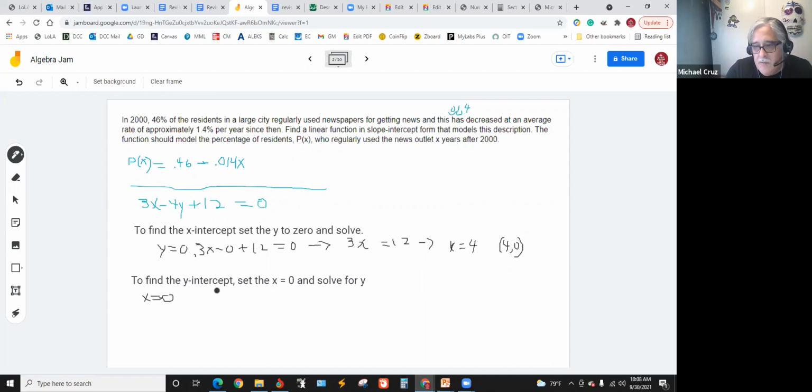So that means this part's going to stay. In other words, this time, this is going to be gone. And I'm just solving negative 4y plus 12 is equal to 0.